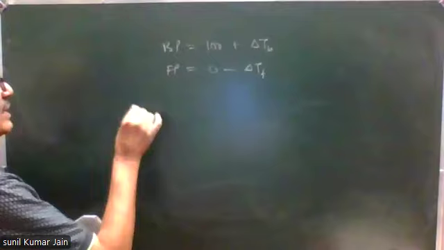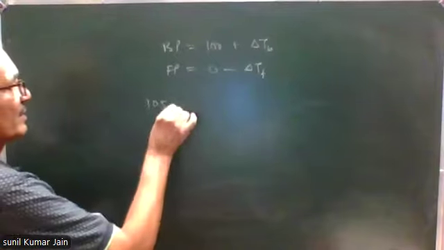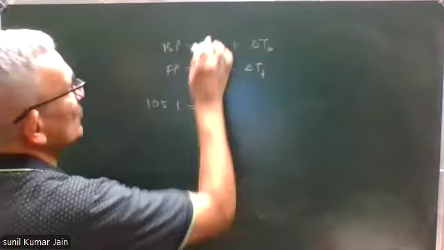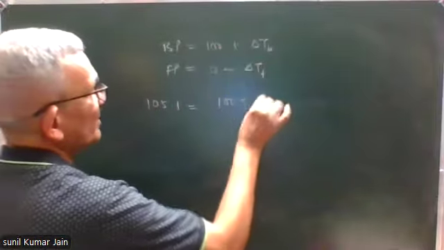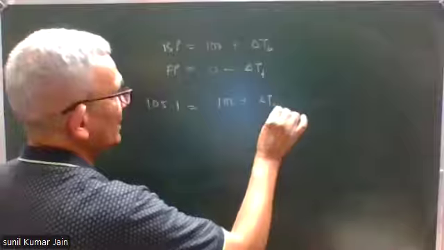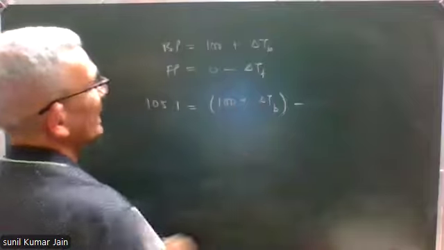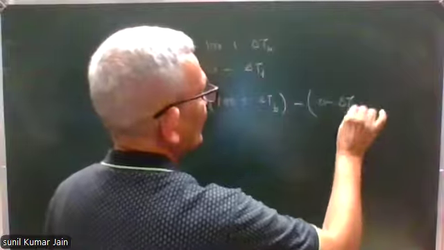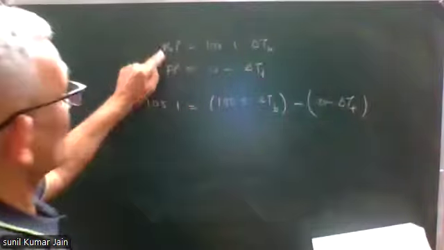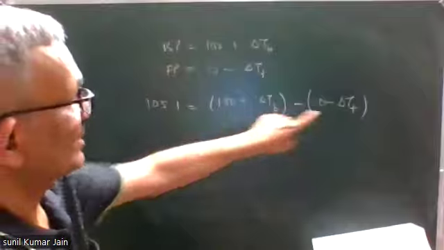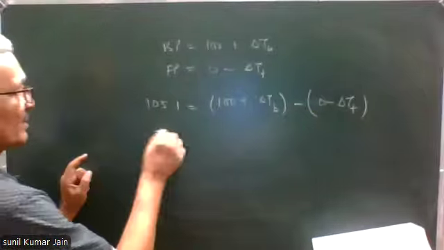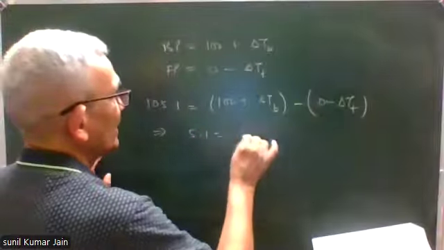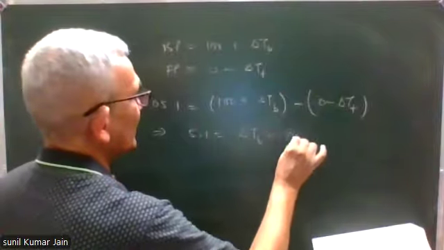We are given the difference of these two, which is 100 plus delta TB minus 0 minus delta TF. So the difference of boiling point and freezing point is given. This will come out to 5.1, and that is equal to delta TB plus delta TF.